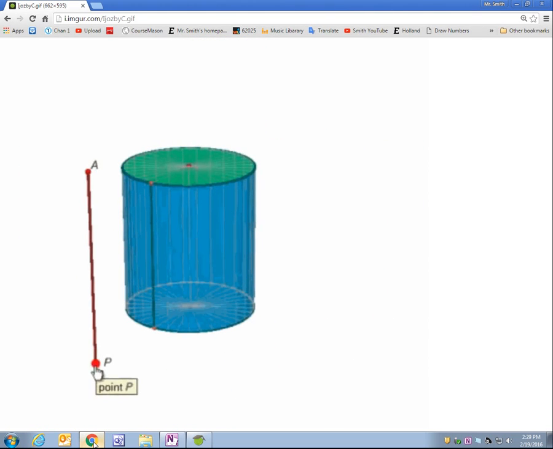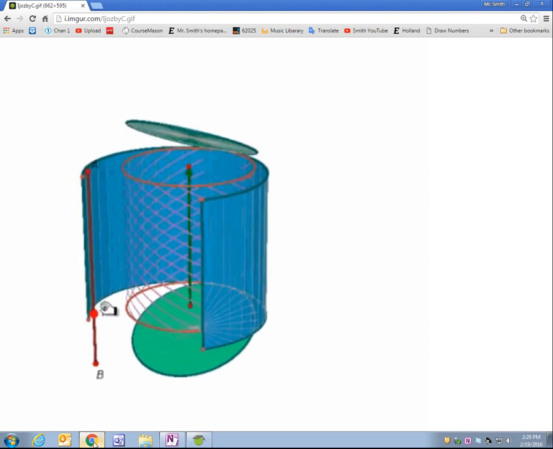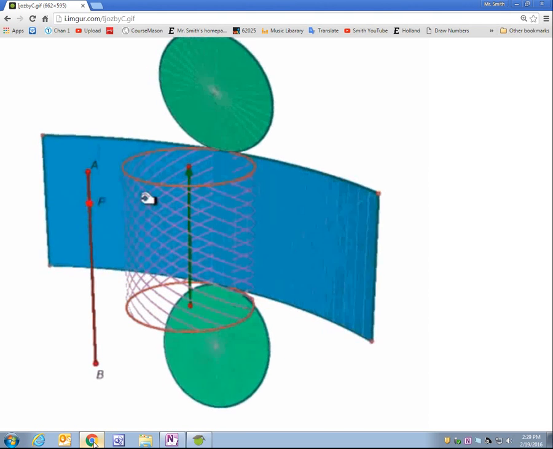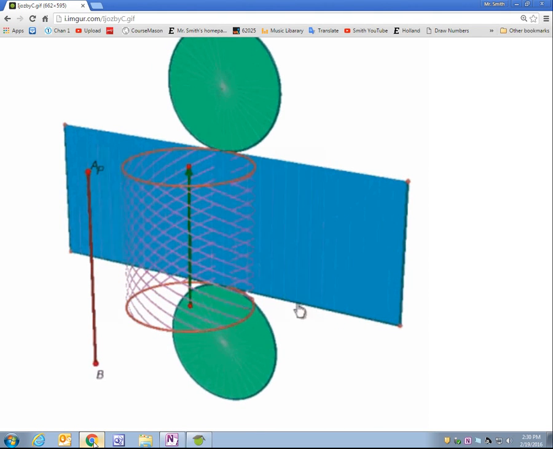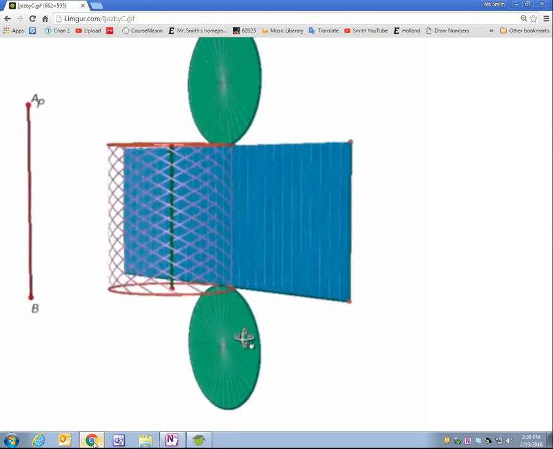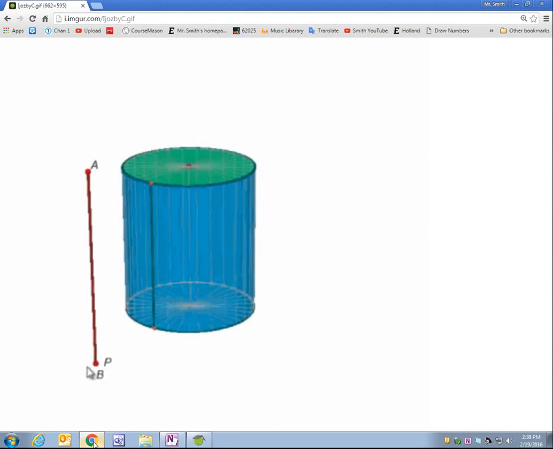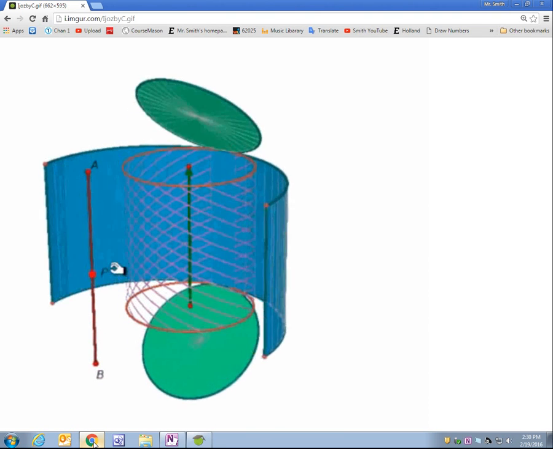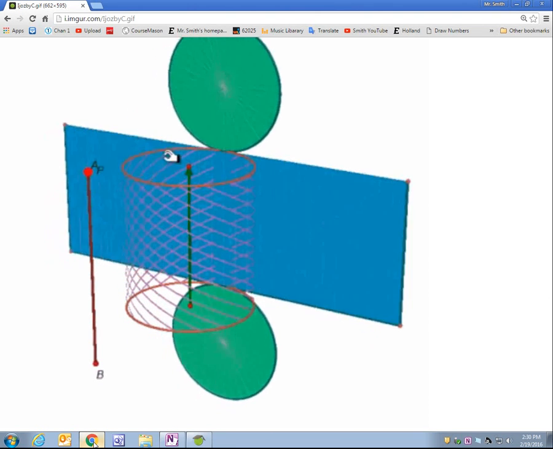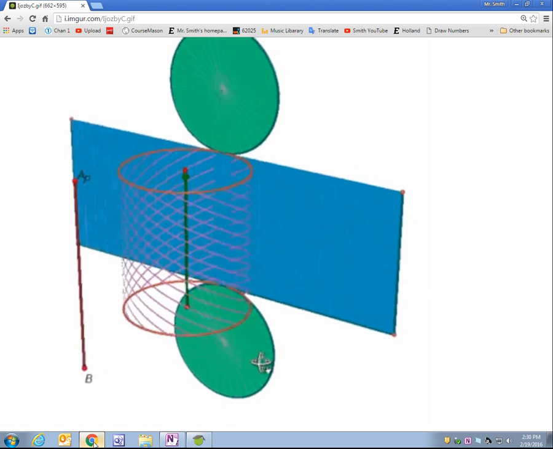So here, look at the edge. See where it's red? Where did the side of that rectangle come from? It's an edge, isn't it? And what is that edge measured as?